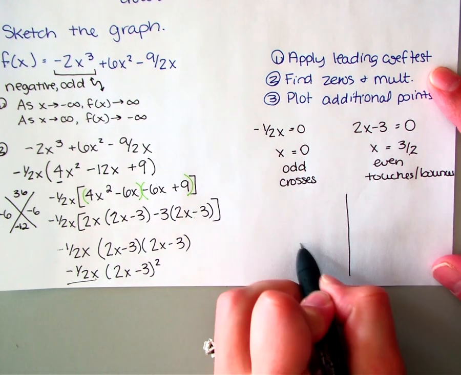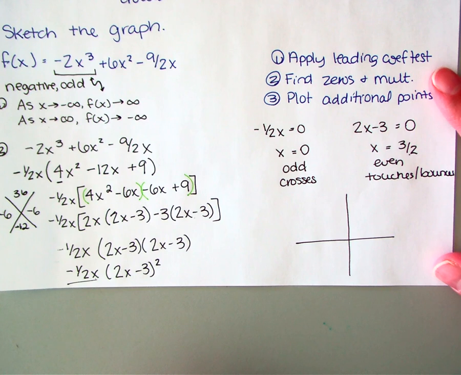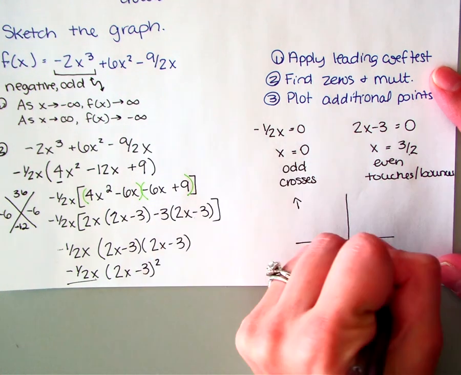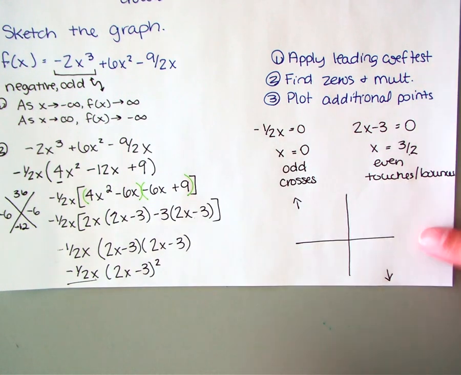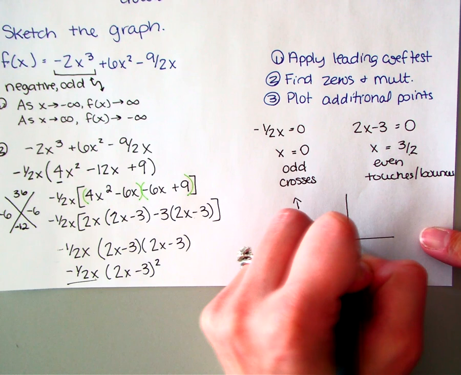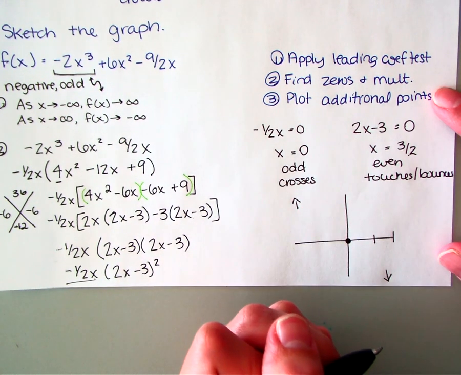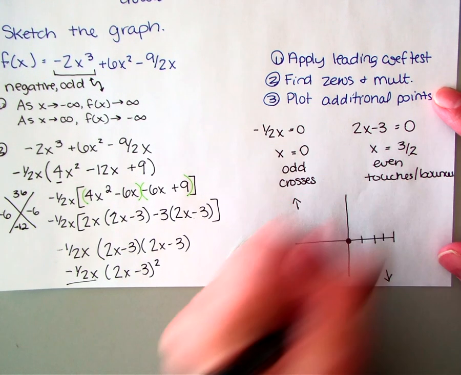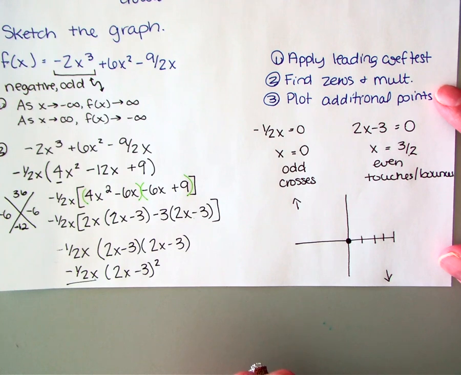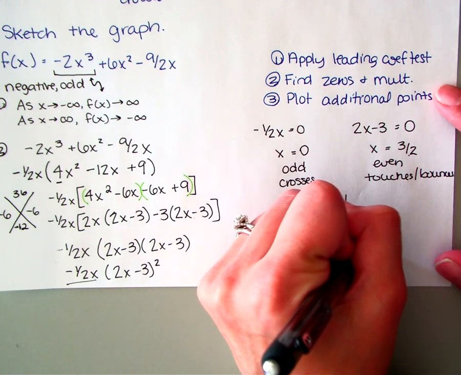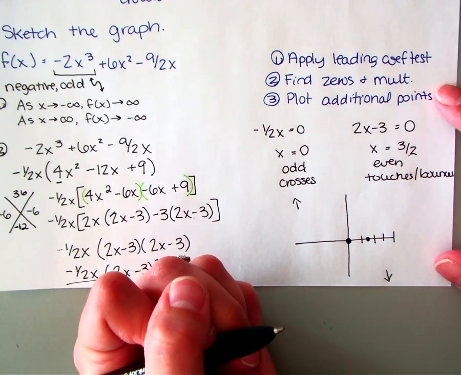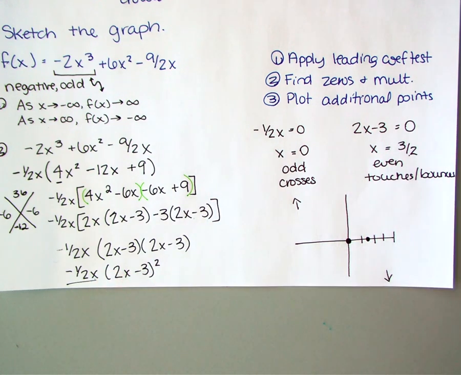So, time to sketch it. My end behavior is up, down. I know it crosses at 0, and it touches, let me add some more in there, at 1.5. So you kind of have to think about it, think ahead, be able to visualize.